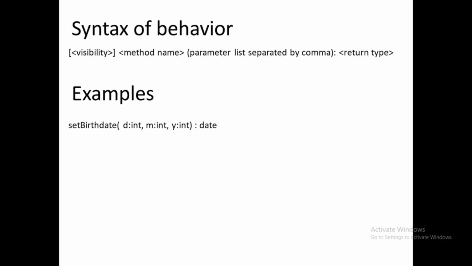For example, set birth date d colon int comma m colon int comma y colon int colon date. So here d, m and y, these are the parameters. Integer int is the data type for all these parameters, and at last colon date is given. It means this set birth date function returns date.